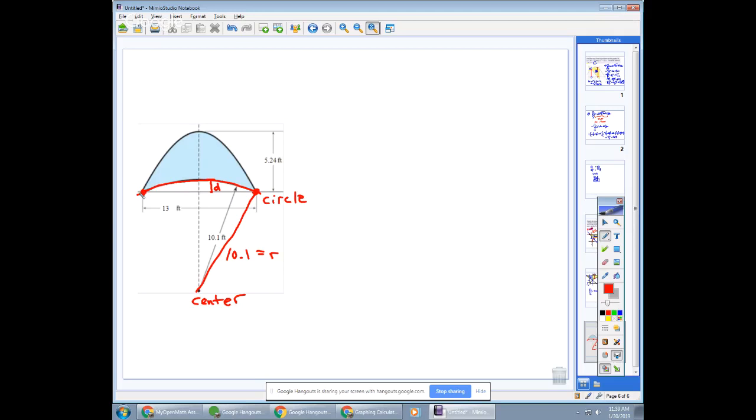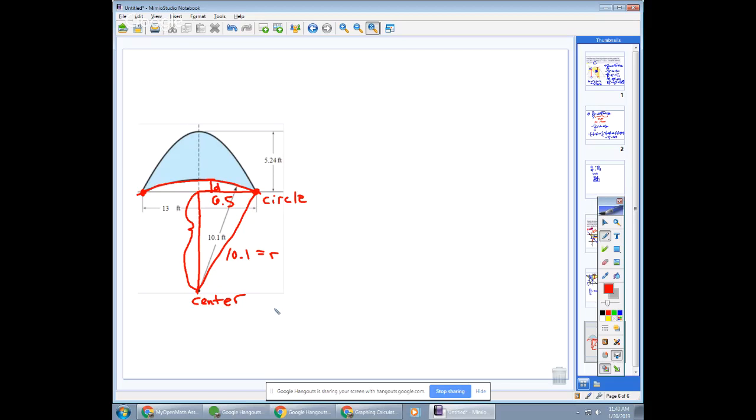And then, if the 13 is the distance all the way across, I get this right triangle here. That's 10.1 by half a foot, 6.5. So that means I can figure out this chunk right here.